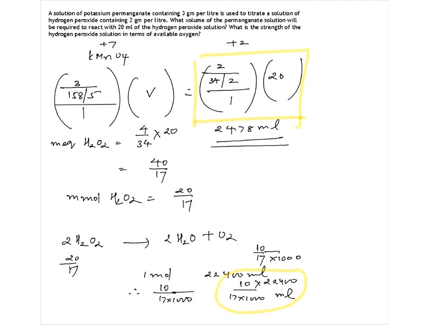So when I say 20 volume hydrogen peroxide, 1 ml is giving 20 ml oxygen. If I have got 40 volume hydrogen peroxide solution, then it means 1 ml of hydrogen peroxide is giving 40 ml of oxygen. It is more concentrated.